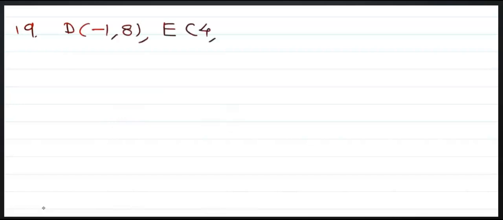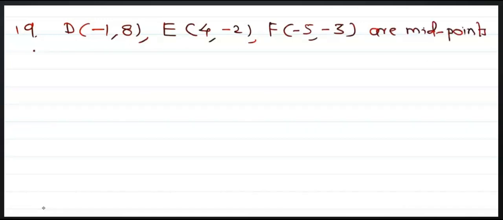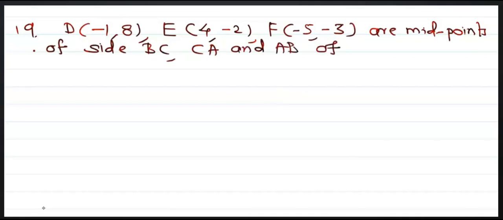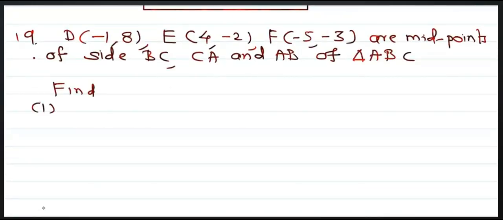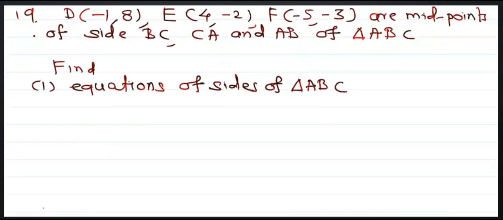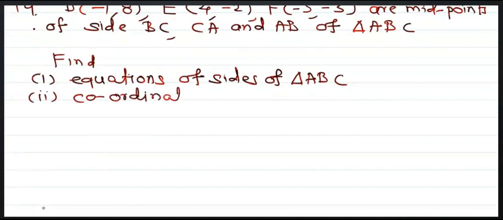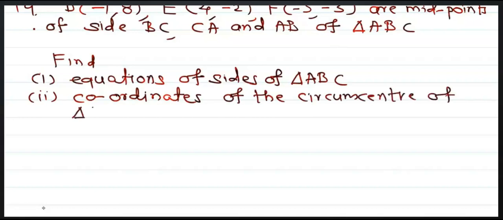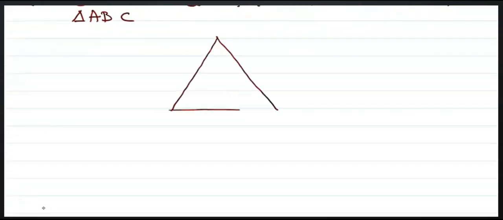Now next, question number 19. D(minus 1, 8), E(4, minus 2) and F(minus 5, minus 3) are the midpoints of the sides BC, CA and AB of triangle ABC. Find first, the equation of the sides of triangle ABC, second, the coordinates of the circumcenter of triangle ABC.